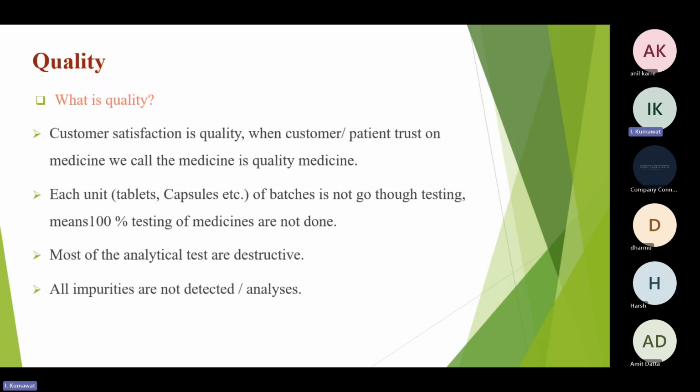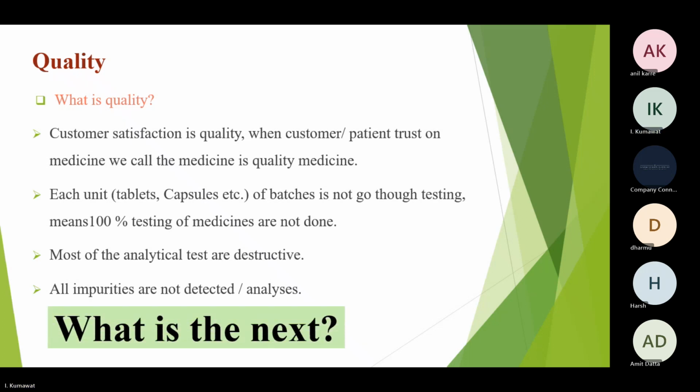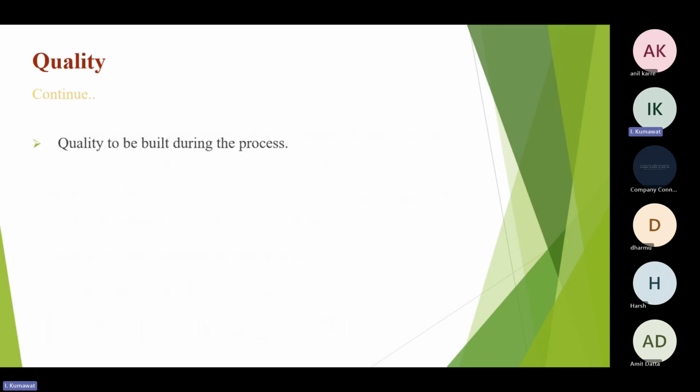Then all impurities are not detected or analyzed. So how can we say our product has quality? What is the next step we have to follow? The step is that quality has to be built during the process. We have to build the quality into the product or process.